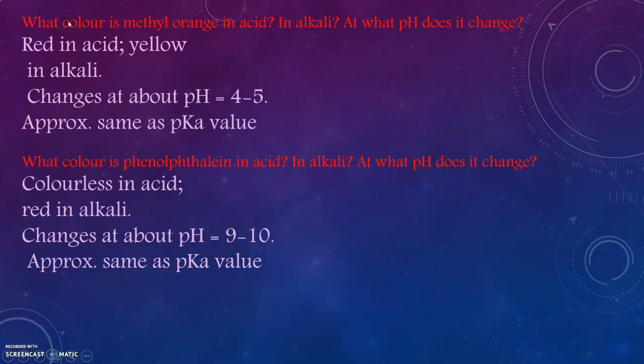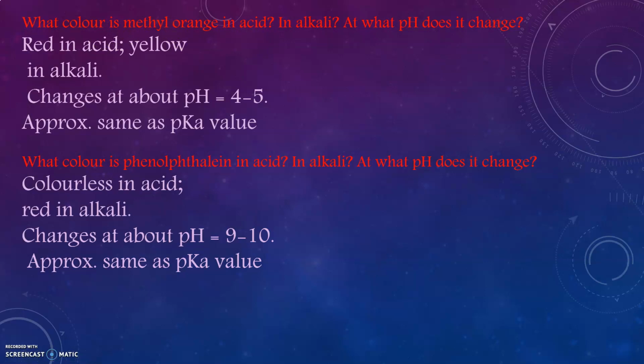But we also said that the titration curve shows the change in pH along the chemical reaction in the titration. When the acid and base are reacting, the pH also changes, and that's why there is the titration curve.